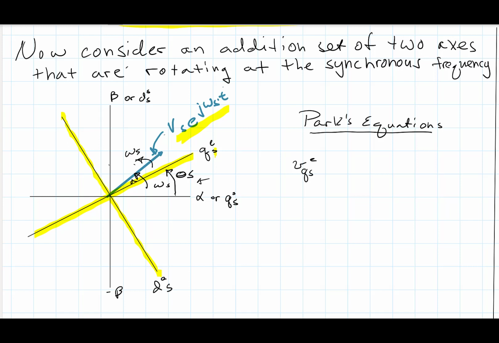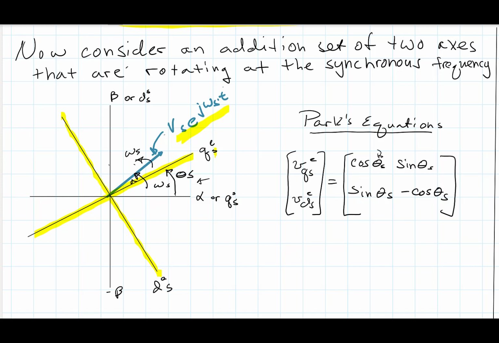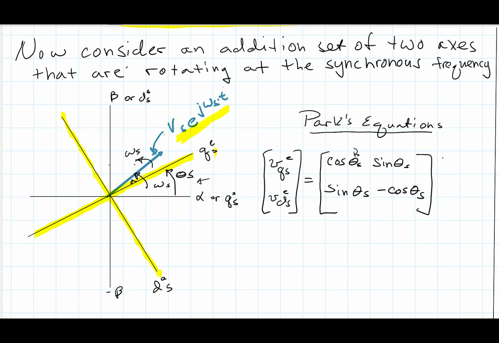We're going to say that we've got a VQS in the synchronous frame and VDS in the synchronous frame, and that's equal to cosine of theta s, because this is the angle we're using, since we're considering a synchronous machine, and sine of theta s, sine theta s minus cosine theta s, times, say we were starting with the alpha beta, V alpha, V beta, whatever we have for that.